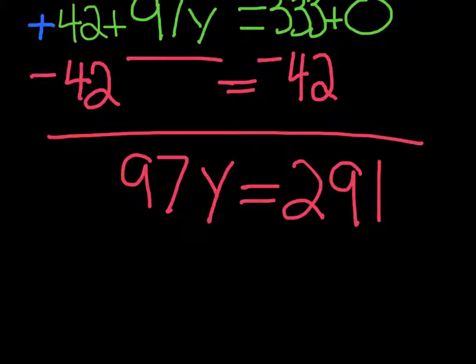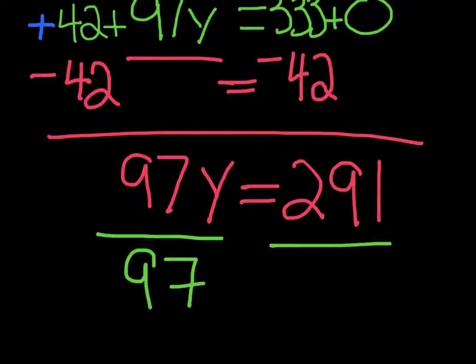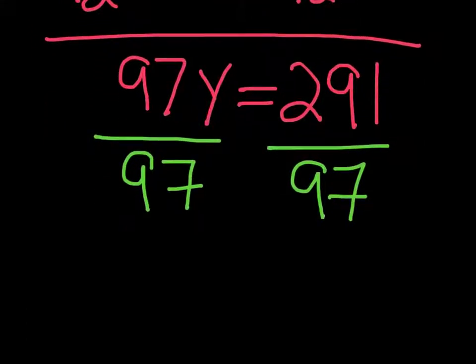To isolate the variable in this situation, I need to perform the opposite operation, which in this case would be division. So I will divide both sides of my equation by 97. When I do that, my quantity y multiplied by 97 divided by 97 leaves me with 1y, which I can express simply as y.